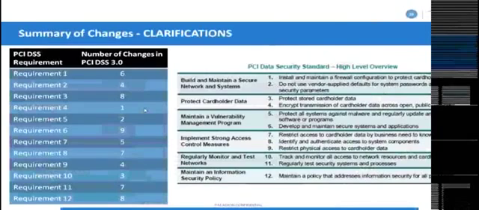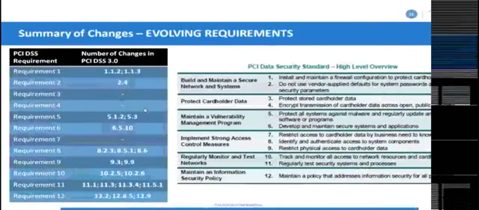So you get to see that requirement 1, which talks about installing and maintaining a firewall configuration, has 6 additional clarifications that the Council has brought into PCI DSS version 3.0. Similarly, you have requirements 2, 3, 4, 5, and clarifications have been provided for each of these sections.